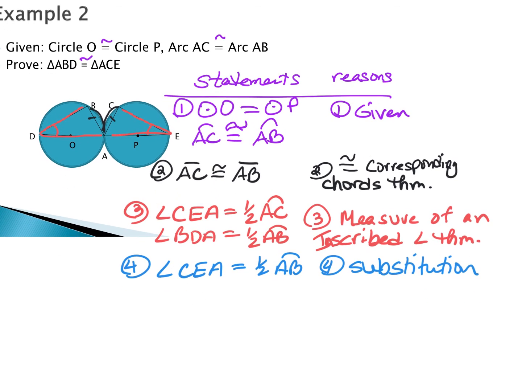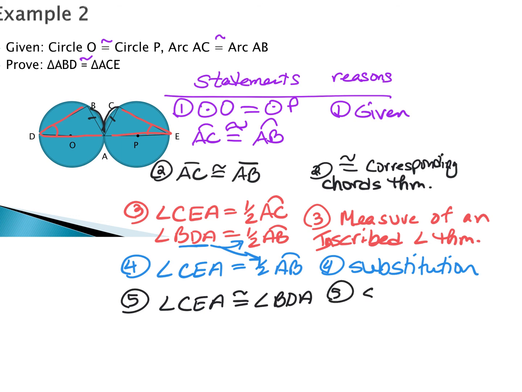And now, because I know that angle BDA also equals 1/2 AB, I'm going to do a substitution again. And I'm going to substitute angle BDA for the 1/2 AB. So I'm going to do substitution again. So now I can say angle CEA is congruent to angle BDA. And again, substitution.